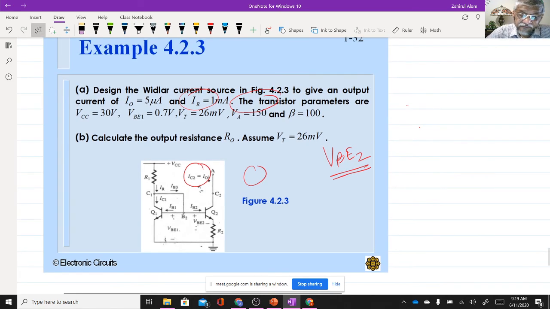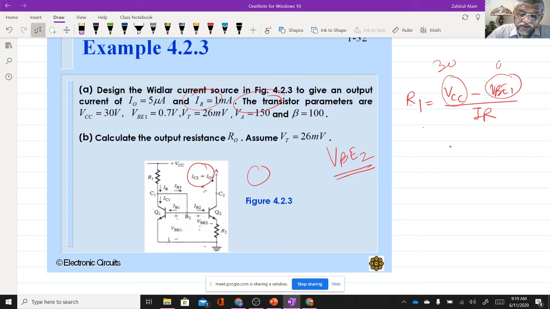As I mentioned, R1 is equal to VCC minus VBE1 divided by IR.